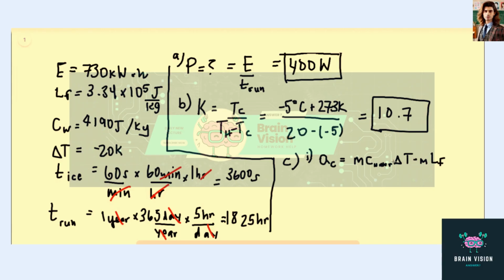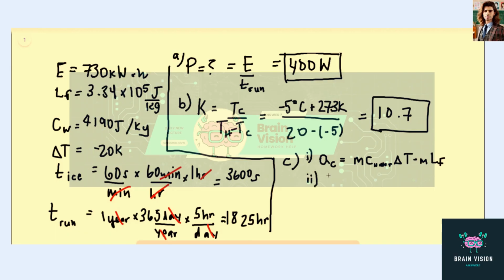This delta T is already negative, so it's only minus 20 K because it doesn't have to go all the way to -5 to freeze. It just has to go to 0. So I think everything's written out, and we have our LF, but we don't have QC, so we need QC.